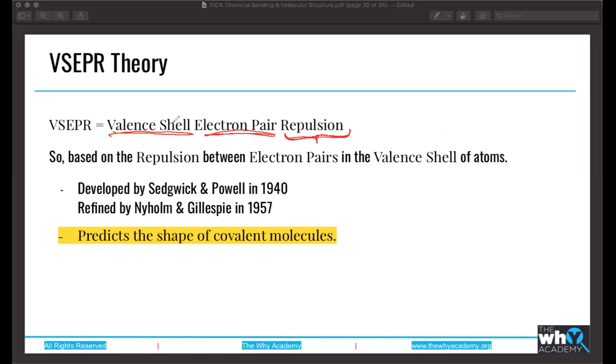So whenever you want to predict the geometry, meaning the shape of any covalent molecule, you check how many electron pairs are in the valence shell, how many bonding pairs, how many lone pairs. On that basis you'll be able to figure out the shape. It was based on the repulsion between electron pairs in the valence shell of atoms, developed by so and so, and refined by so and so. Fun facts.